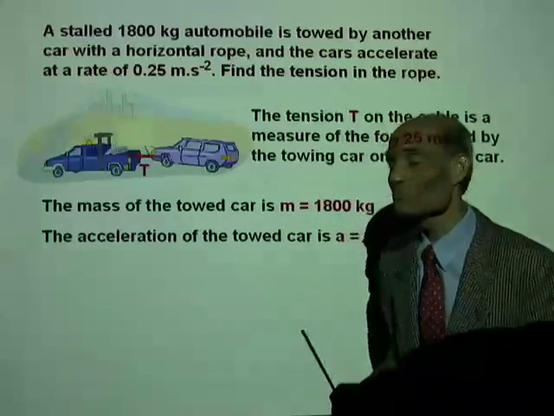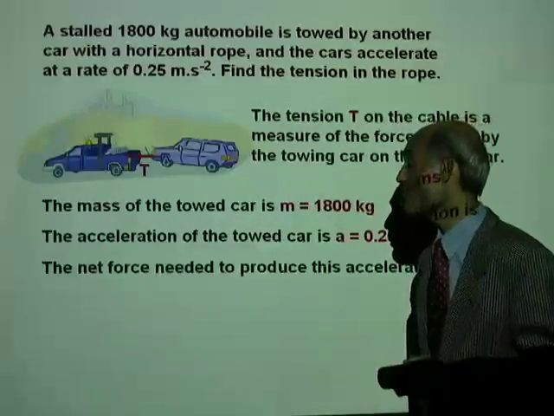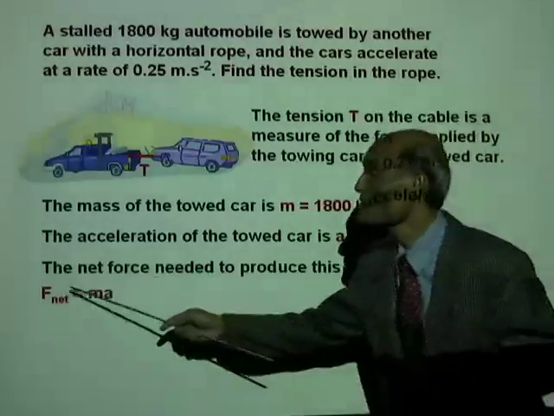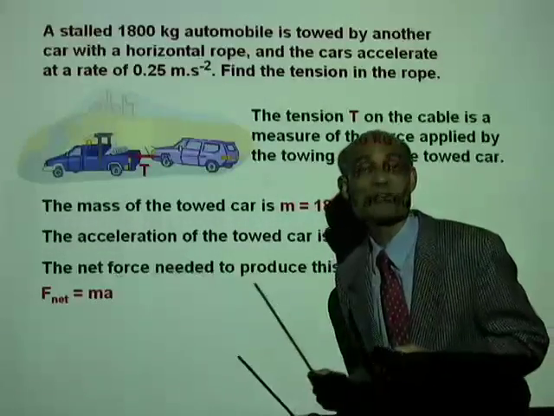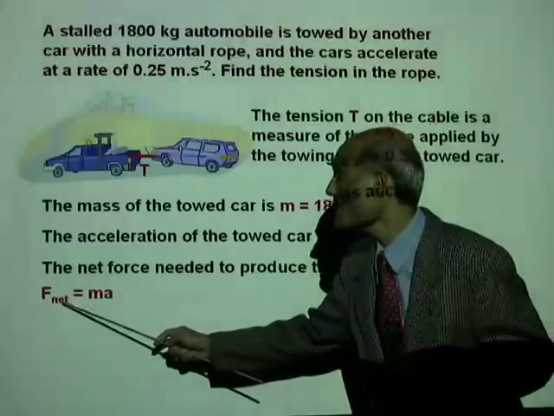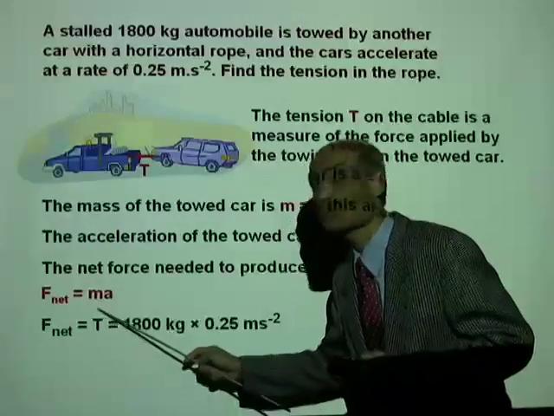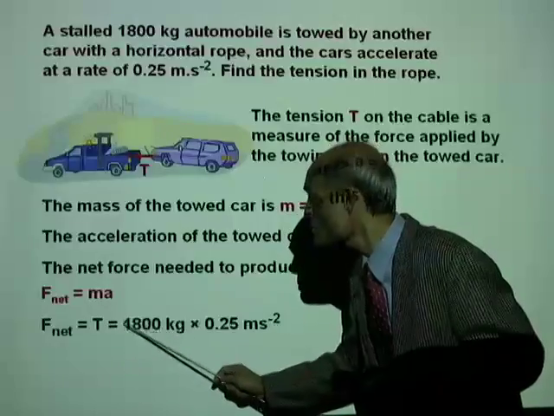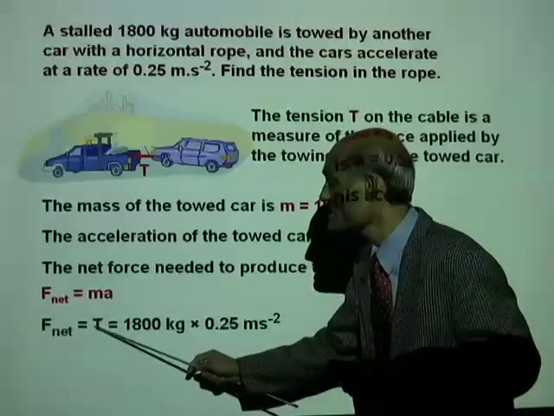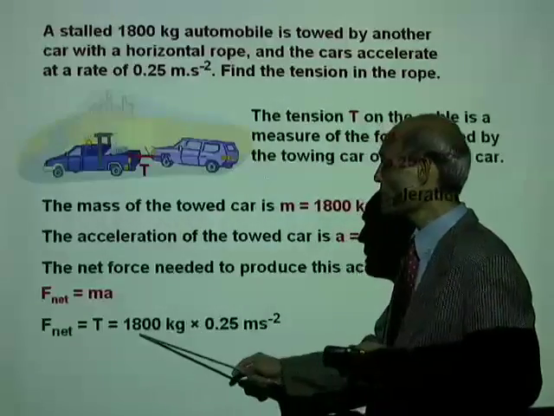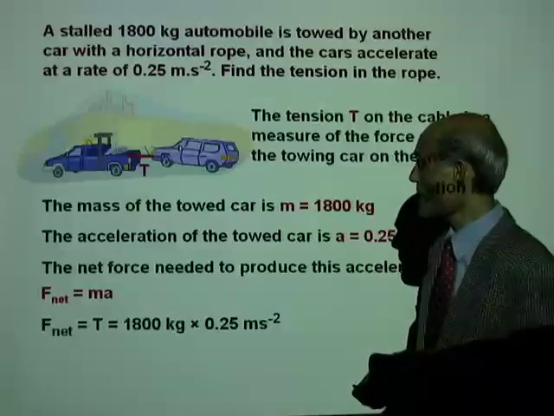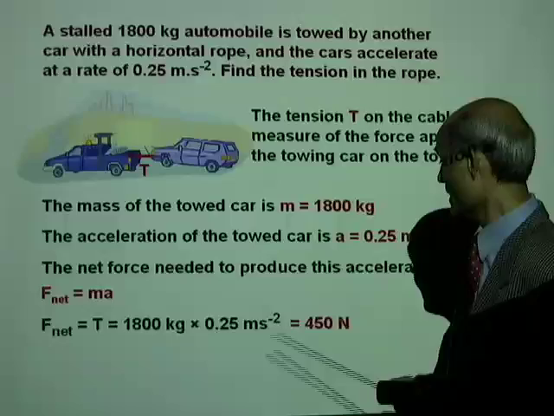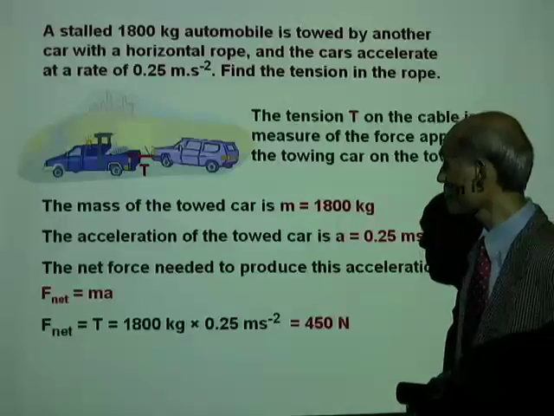So it is a very simple problem. The net force needed to produce this acceleration is F net equal to ma, and that F net is the tension. So that tension therefore equals ma, T equal to 1800 kilogram times 0.25 meter per second squared, and that will be 450 Newton.